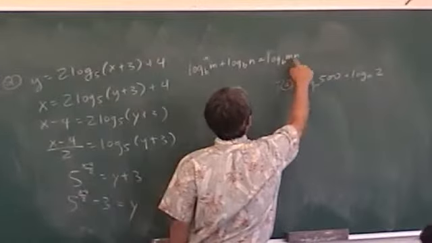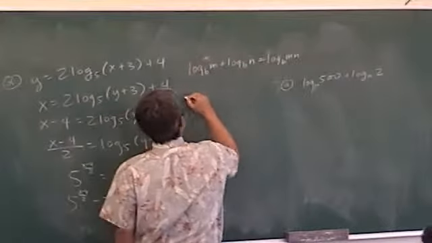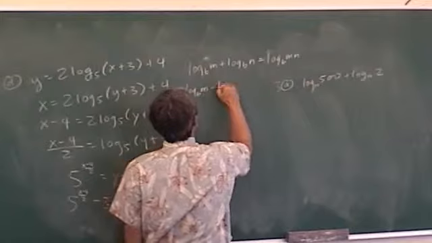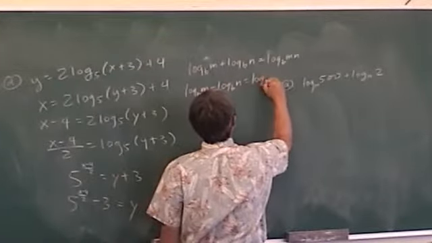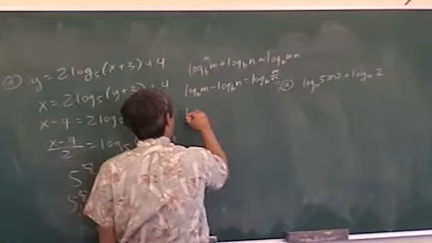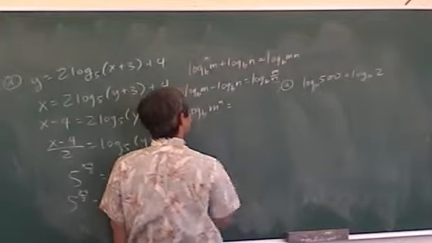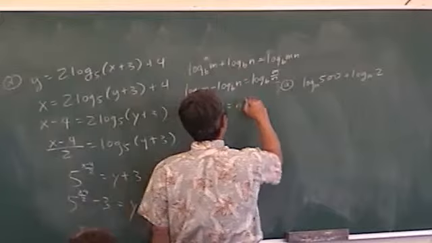When you multiply, then they're added. And you gotta be able to go back and forth. Log base b of m minus log base b of n is equal to log base b of m over n. And then log base b of m to the nth power, what can you do with the power? Put it in the front.